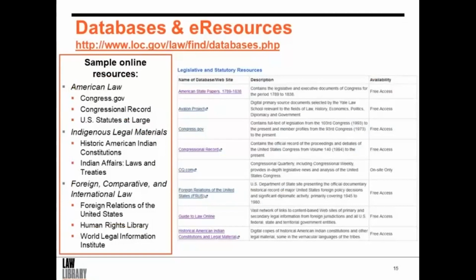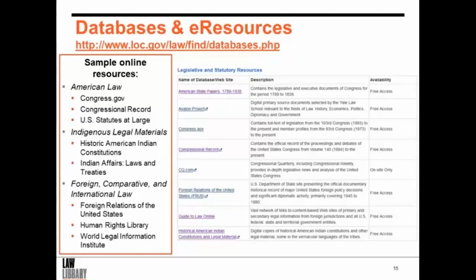The first, I think, 4 items listed here, so American State Papers, the Avalon Project, Congress.gov, and the Congressional Record are all free access resources. It's not till we hit the 5th item that we see something that flags as on-site access only. So this is one of the library's subscription databases, and you must be on-site to access it.